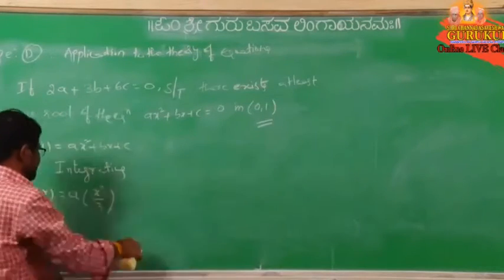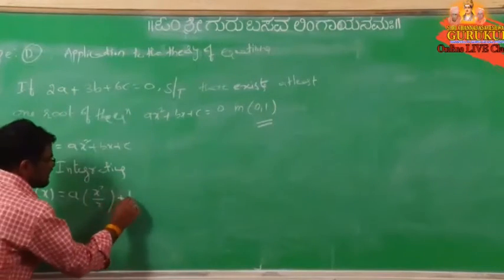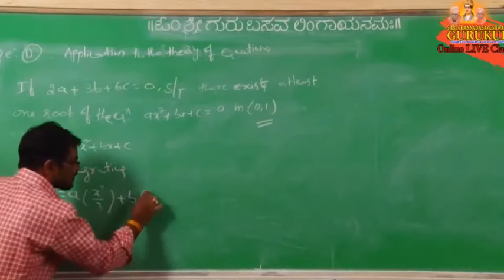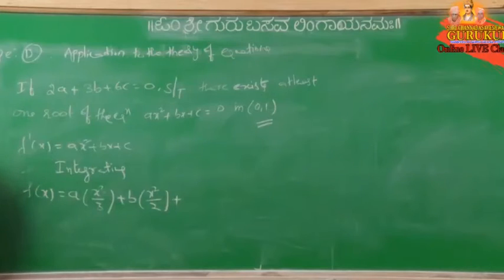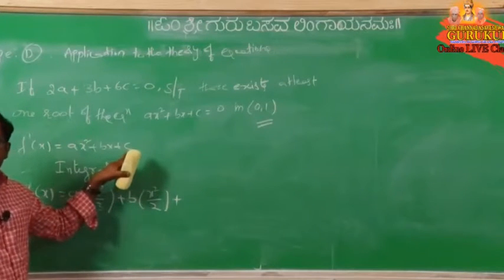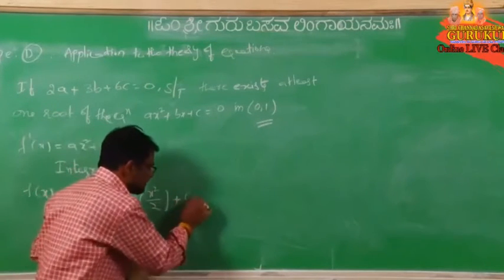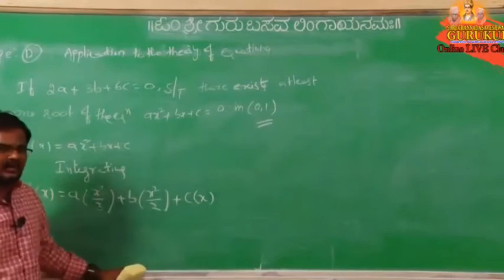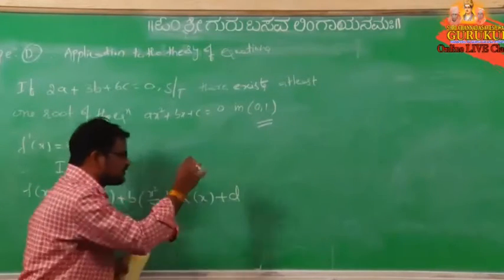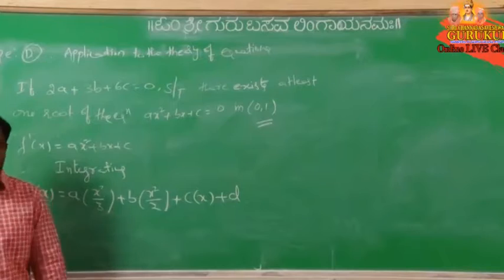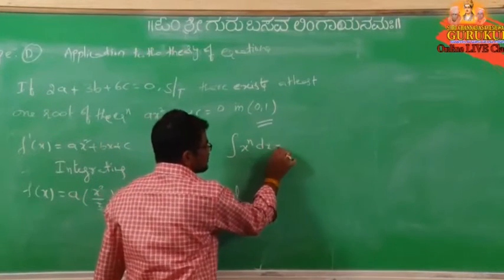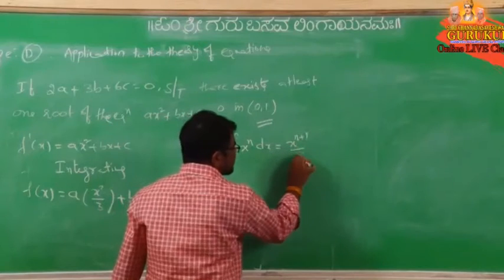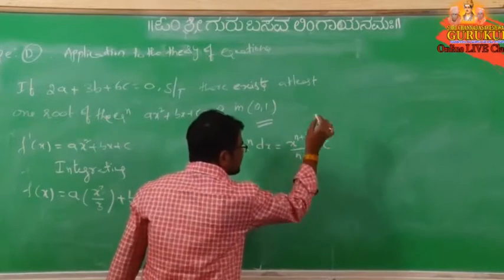And now plus b into integration of x, x square by 2, plus integration of constant c, c into x, plus one integral constant will be there, that is d. So once again listen, integration of x to the power of n dx equal to x to the power of n plus 1 by n plus 1 plus integral constant.